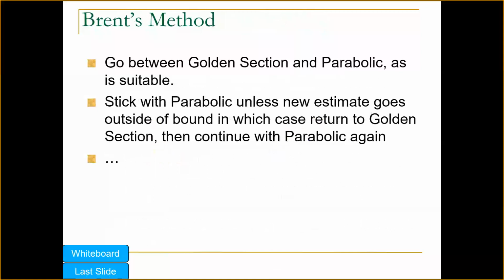And so because it throws you outside of the original bound, at that time you revert back to the golden section and say, stick within your bound. Alright? So you keep reducing your range using the parabolic, but sometimes the parabolic estimates outside of the bounded range, and so you force it back to the most recent sure range that you had. So that's called Brent's method.